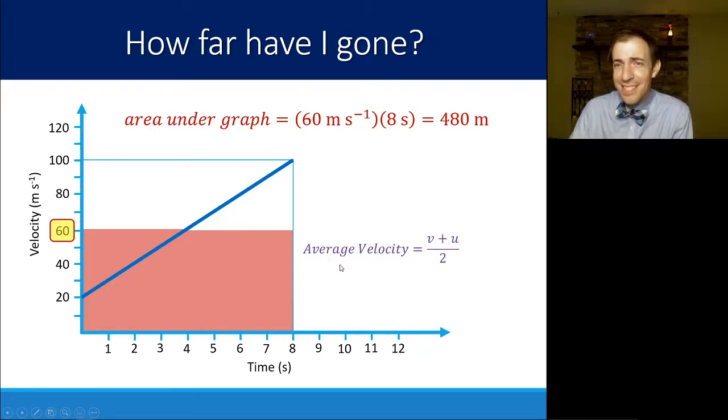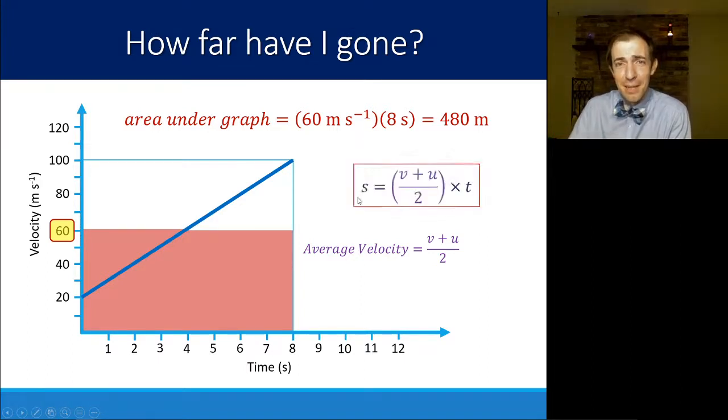This average velocity, in a symbolic sense, would be v plus u divided by 2. So you add up and then divide it by 2. That's how you find the average of any two numbers. So if I know that that average velocity will always be the height, I can just multiply that by the time and figure out what the area under the graph, the displacement, is going to be.